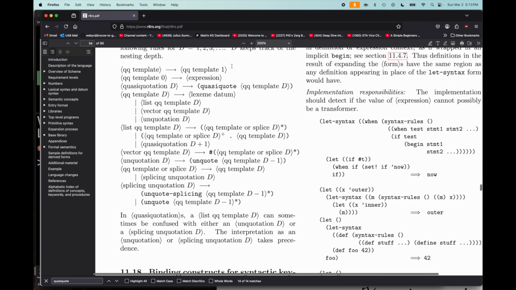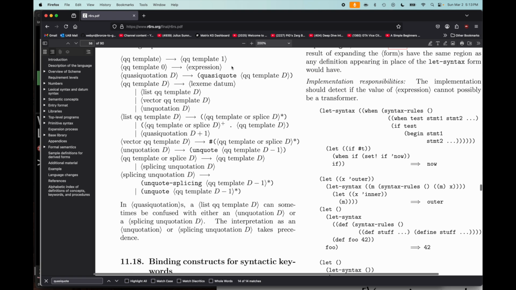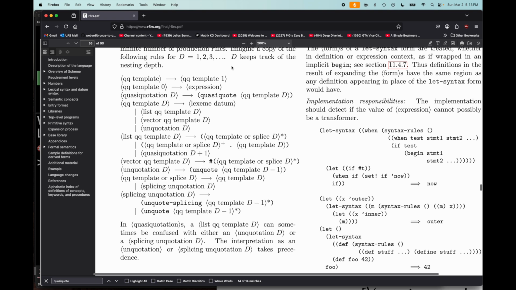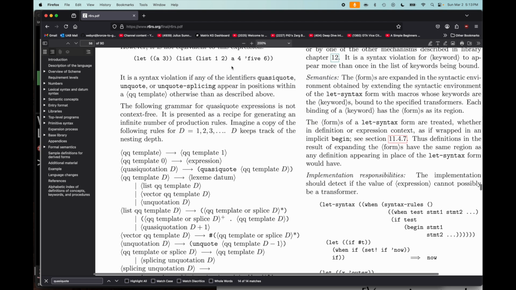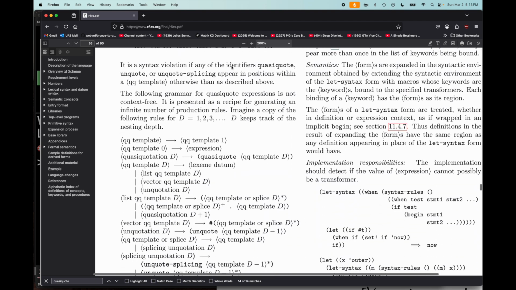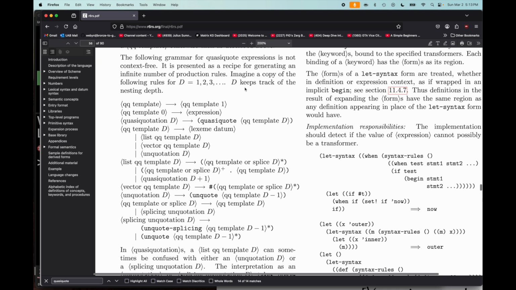What? The following grammar for quasiquote expressions is not context-free. Okay, well, that's interesting. It is presented as a recipe for generating an infinite number of production rules.